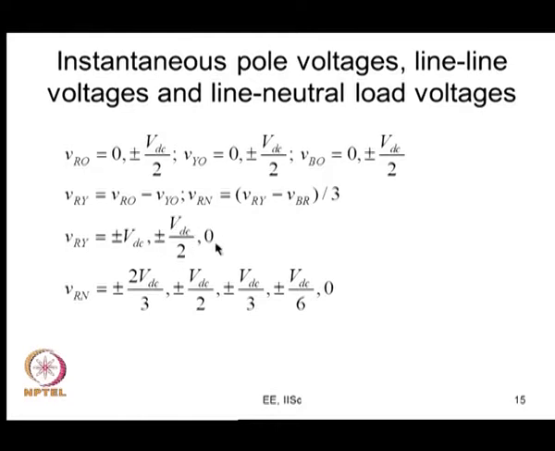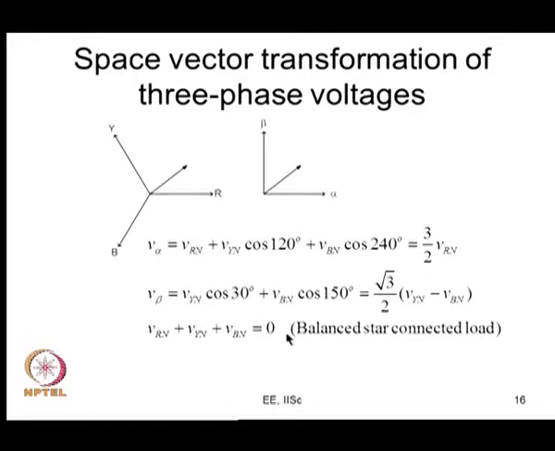Here you will have multiple possibilities. So, for getting VRY equal to 0, both VRO and VYO could be equal to plus VDC by 2, or both could be equal to 0, or both could be equal to minus VDC by 2. So, when you come to the lower and lower voltage levels, you see that can be realized through many switching states, and these possibilities are the ones that give you many ways of designing PWM methods and so on and so forth.